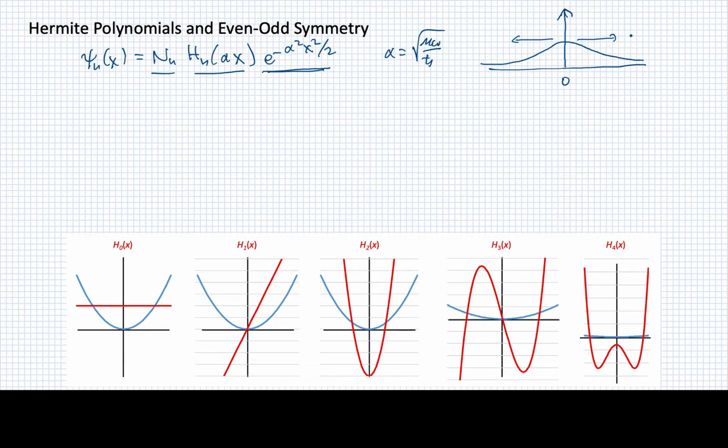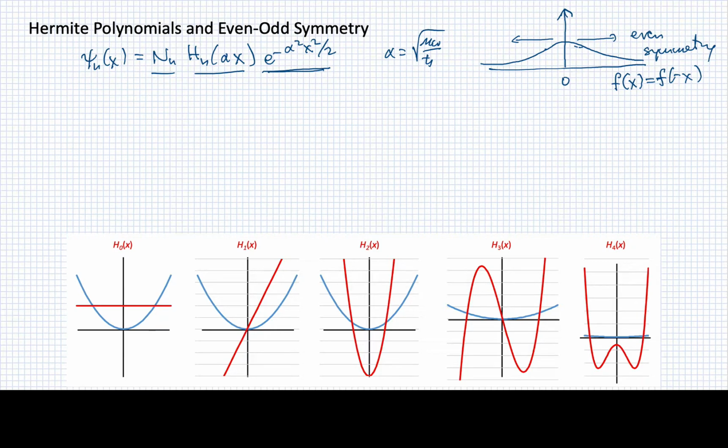So we say that this has even symmetry with respect to inversion across the y-axis, or in other words, that f of x is equal to f of minus x. When you move over to the left-hand side, you're going to get the same value if you're the same distance from the origin over there.